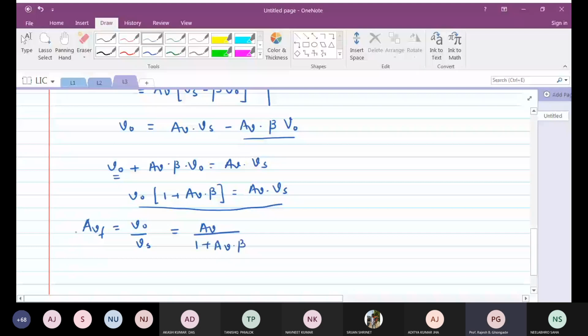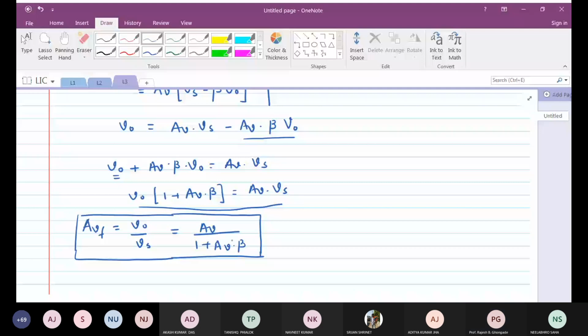This is a very, very important equation. See how we have derived it. Have all of you understood the derivation? Guys, respond please. Yes, sir. Okay, then what have we achieved?